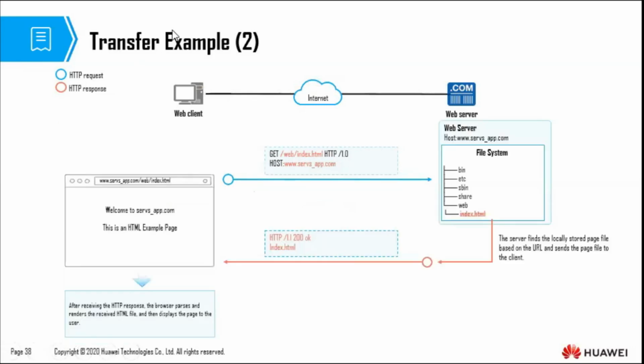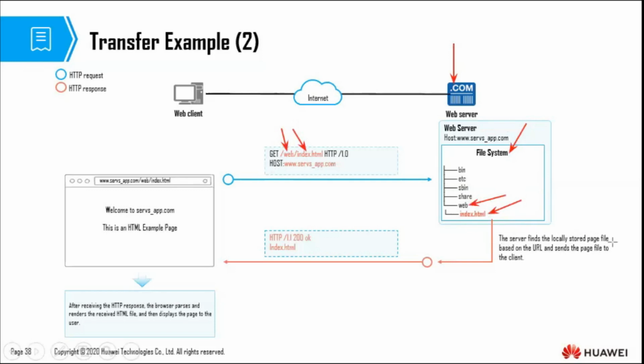Then when the server receives the request, first of all, it authenticates. Are you allowed to access that request? If yes, it's going to look at the file system and find that particular resource. So it's going to go to the web folder and find this page. Under the web folder, we have a page called index.html.